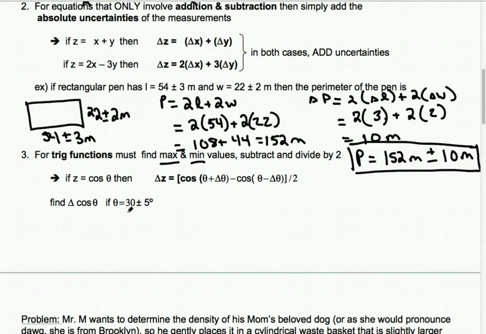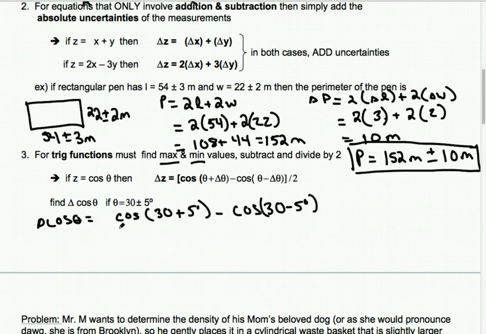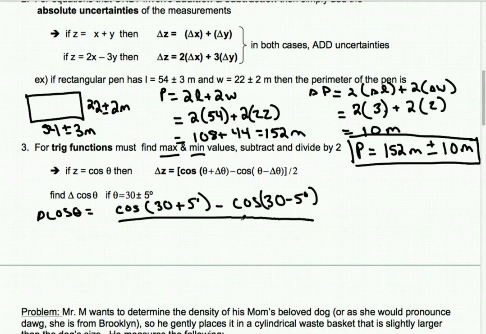So if we're trying to find your uncertainty in cosine theta, we want to take cosine of the angle, so in this case 30, and we're going to add the uncertainty plus 5 degrees, and then we're going to subtract cosine of 30 minus 5 degrees, and then we're going to take that all and divide that by 2.